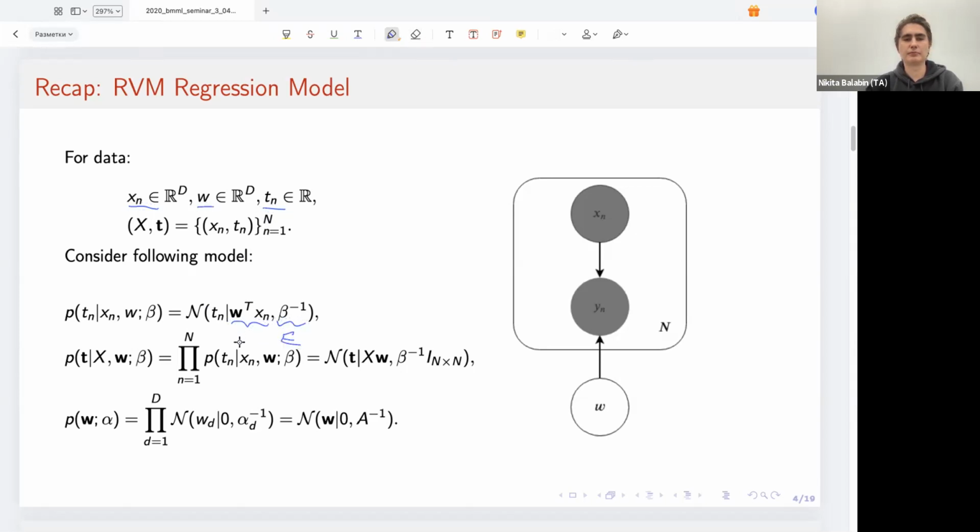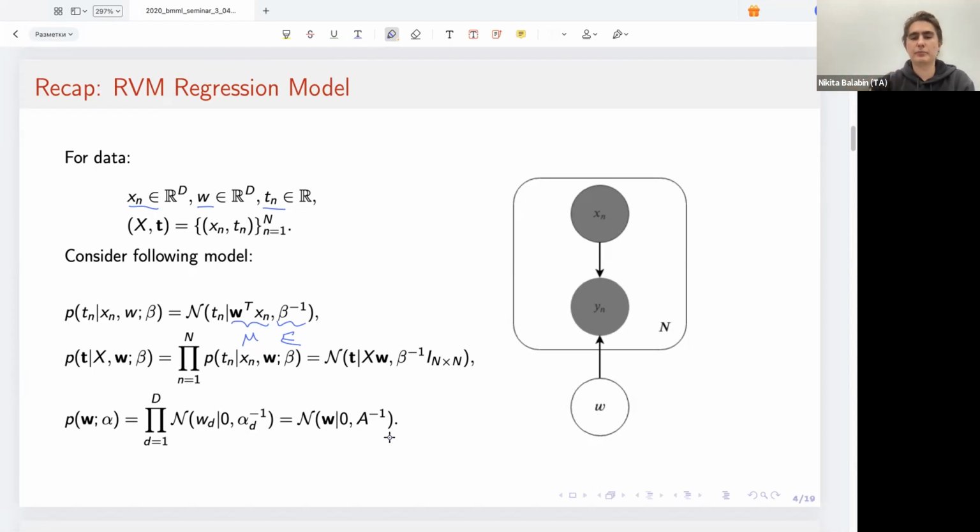Since our data is independent, the likelihood has the following form. And we choose the following prior with zero mean and diagonal covariance. And we fit our data with such a model.